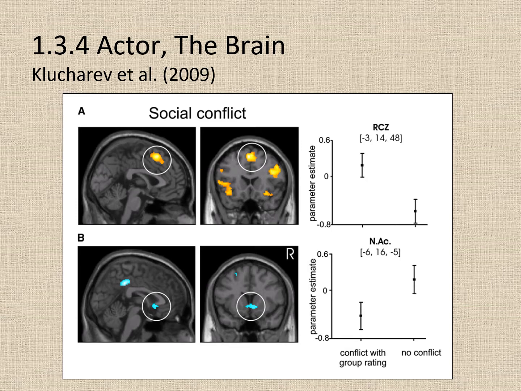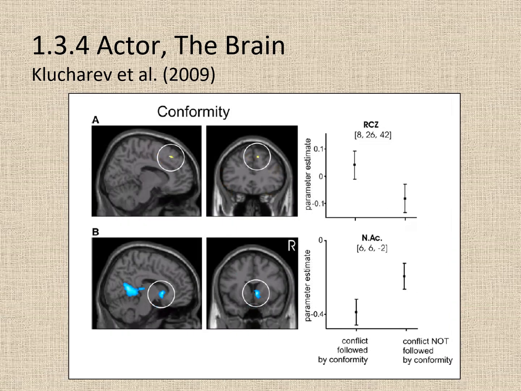Sometimes people conform. They modify their rating so it will be more in accordance with the group rating. So, conflict followed by conformity. Compared with conflict, they see that their rating deviates from the group, but they don't modify their rating. Conflict not followed by conformity.